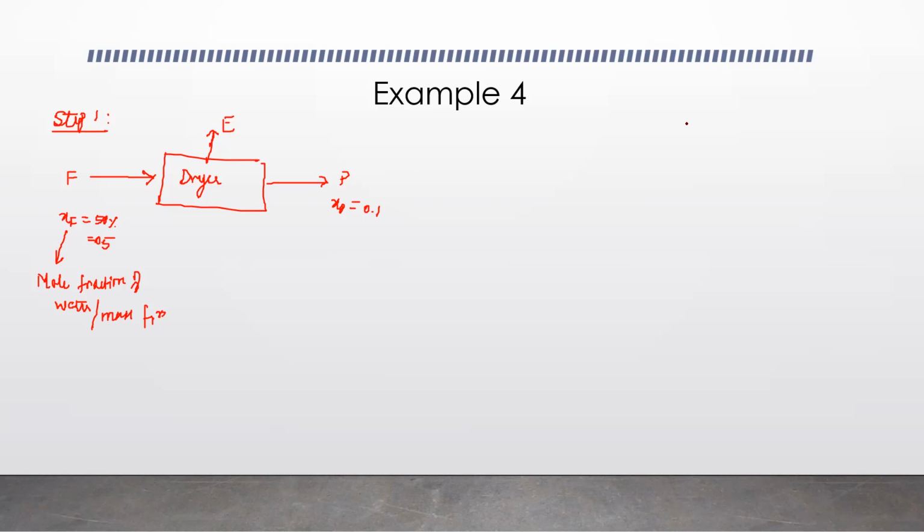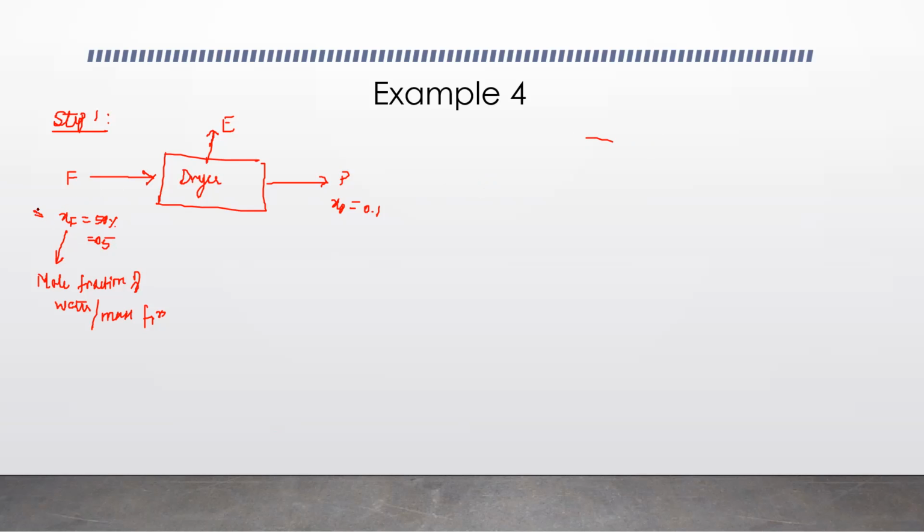It's obviously solid. That is why we are going to have solid as our solvent in case of drying, and solute would be water. Not exactly, but if you keep it in that manner, the more abundant component would be the solvent, and the less abundant component is going to be water.